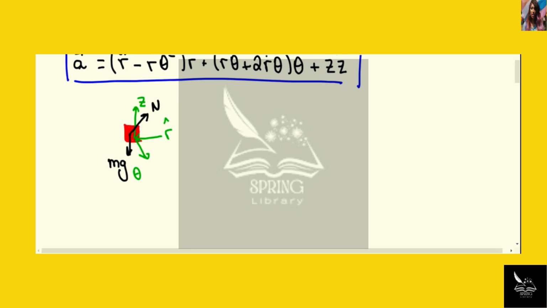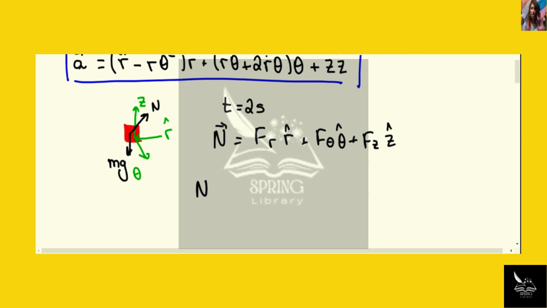Okay. So what I'm going to need is to calculate the components of the normal. That's what the exercise tells us to do when t is equal to 2 seconds. So we have that the normal force can be decomposed into Fr in the r direction plus F theta in the theta direction plus Fz in the z direction.